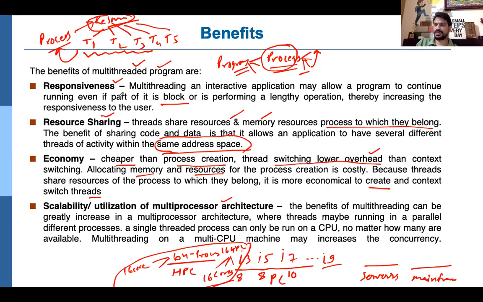We utilize it using multi-threaded programming. When we are running one program with only one thread, it will take a lot of time to process or execute that program. But with multi-threaded programming architecture, we can achieve parallelism. One process has multiple threads, and if all those threads are independent of each other, they can execute at the same time.